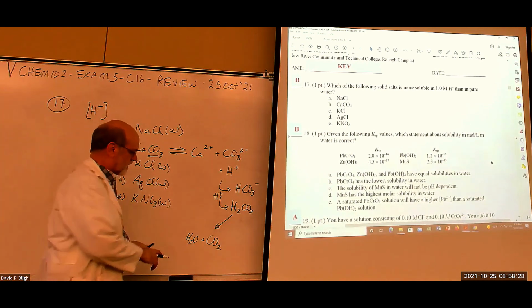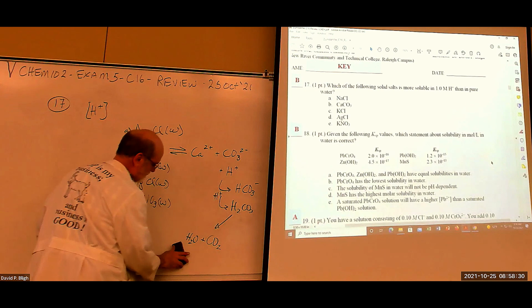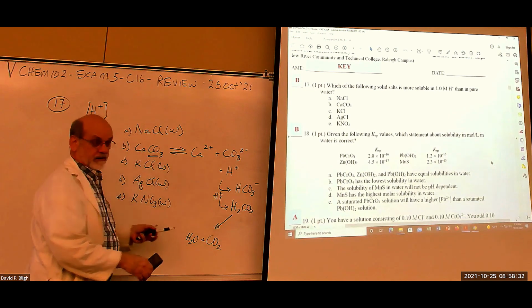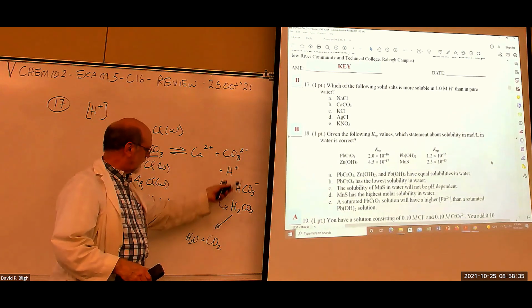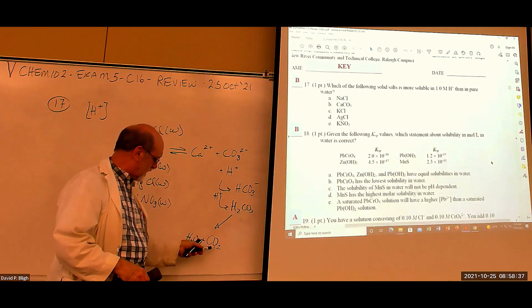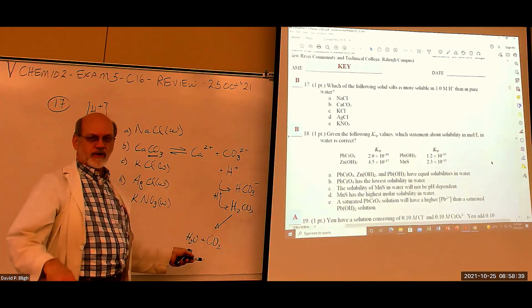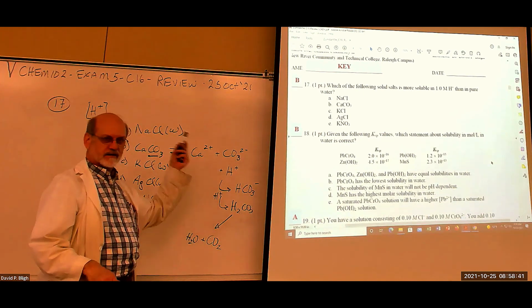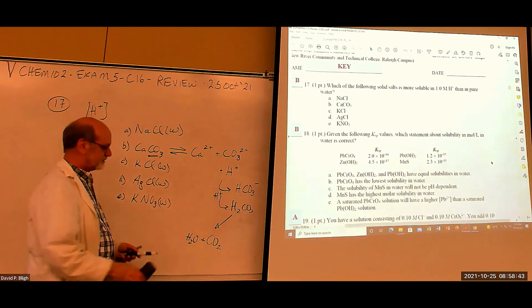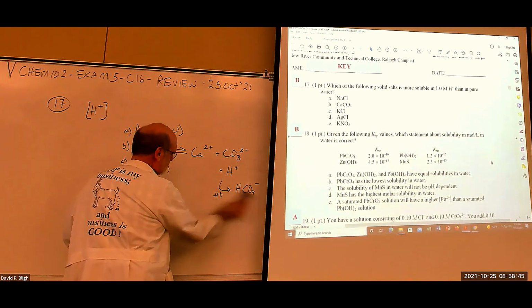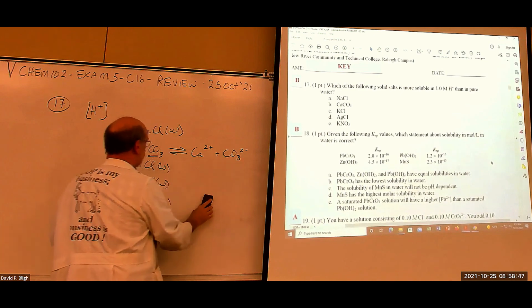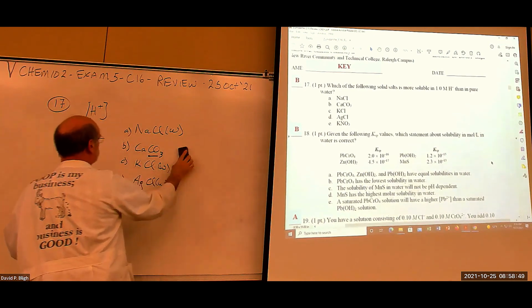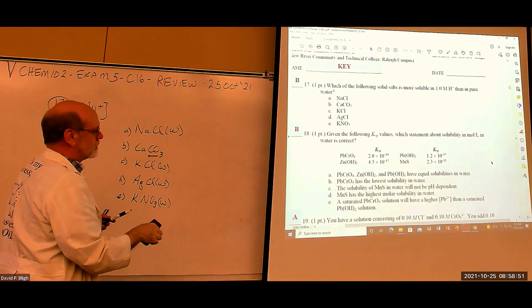It's going to make carbon dioxide gas, which is even better, right? Because now the carbonate has gone all the way through this process and it's completely removed from the reaction environment. There's no way to get it back. Okay, so that's why B is the answer to number 17.